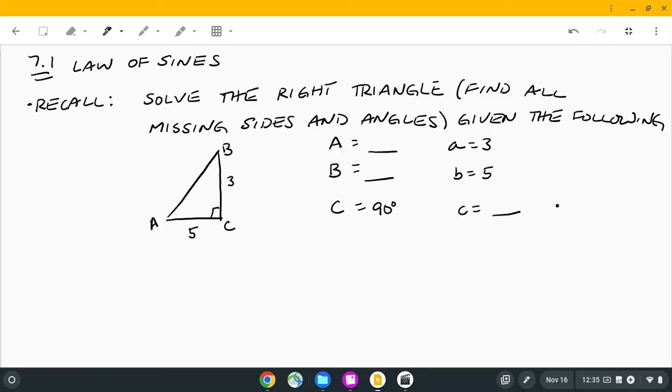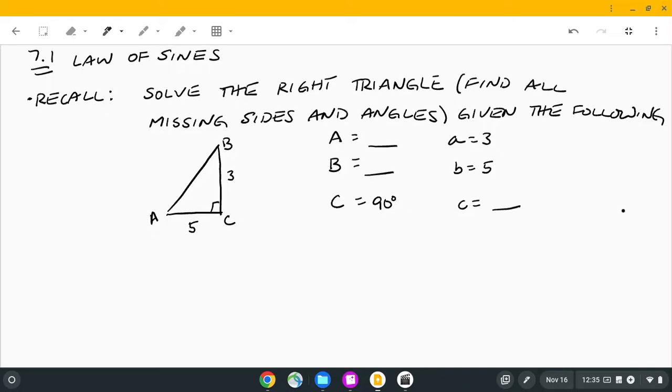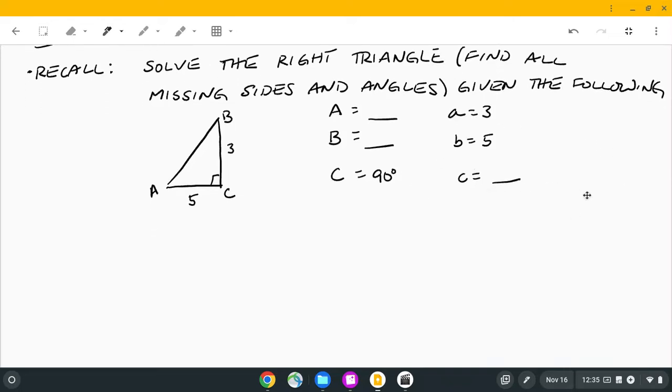Given these pieces of information, we could solve for c using the Pythagorean theorem. So we find c by doing a squared plus b squared equals c squared, and we get 3 squared plus 5 squared equals c squared.